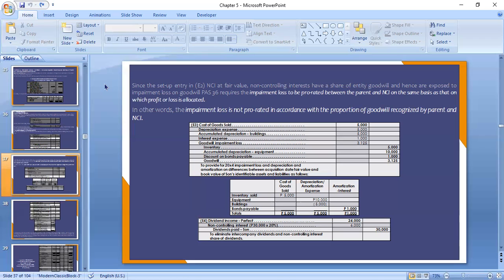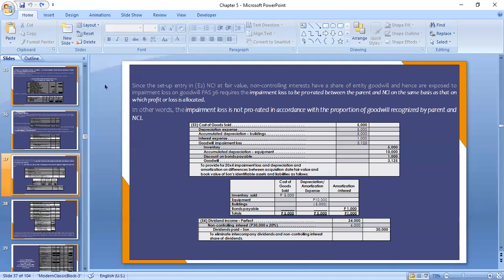assets and liabilities. So we now have the inventory sold. It's already part of cost of goods sold. Then we have the equipment to be added, which is 10,000, and the buildings for negative 5,000, and we now debit.